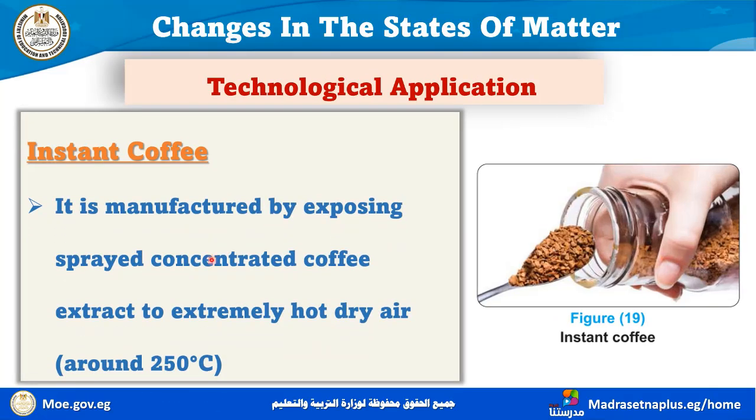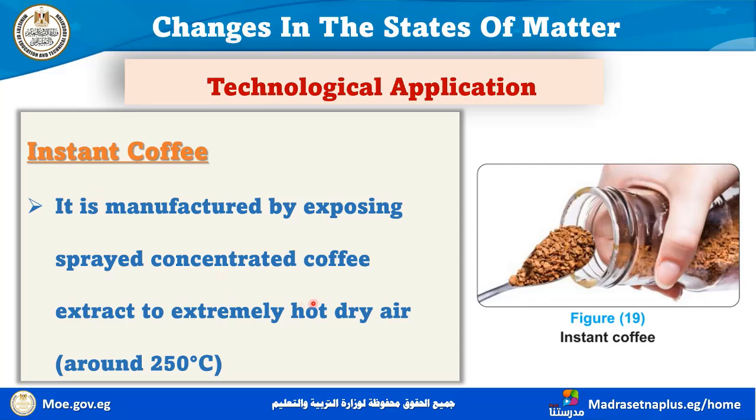The instant coffee is manufactured by exposing sprayed concentrated coffee extract to extremely hot dry air at around 250 degrees Celsius. So this is the process by which we manufacture the instant coffee.